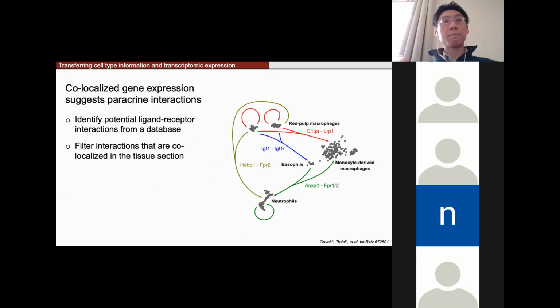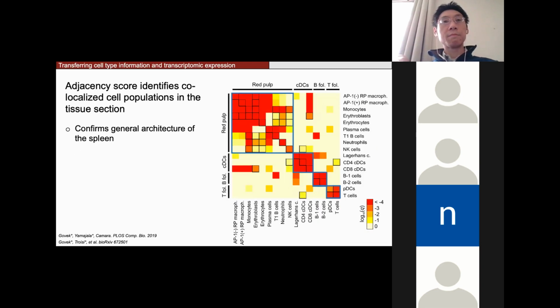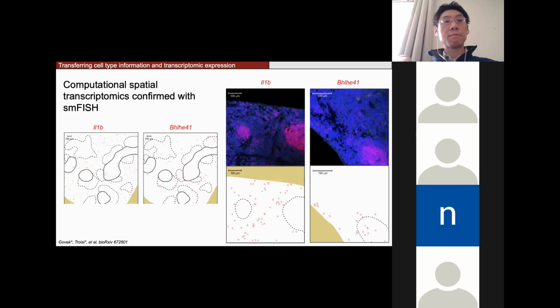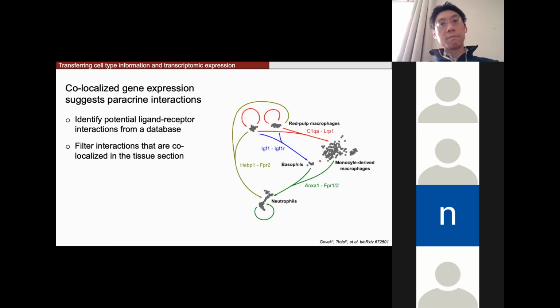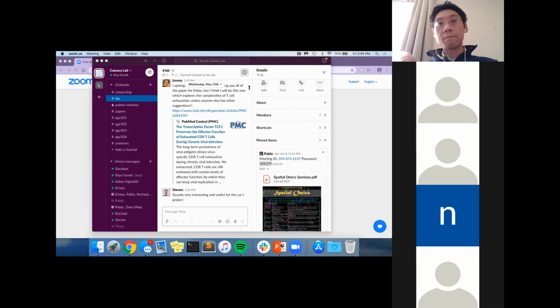But we don't necessarily require just looking at the visuals to tell what's happening in the tissue section. We did use this adjacency score to look at which cells are nearby each other. I don't know if that answers your question. I don't know a lot about disease modeling, I'm sorry.